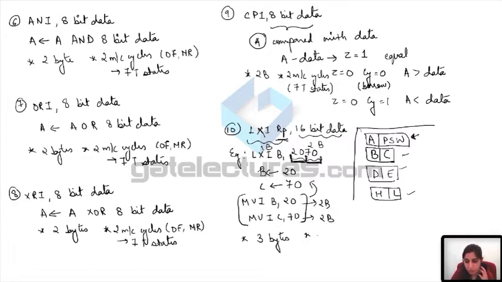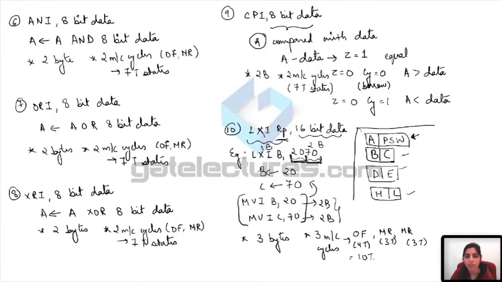Also, how many machine cycles is it going to take? This is going to take 3 machine cycles. I think you can guess also. One machine cycle is going to be opcode fetch, of course. Then we are going to have 2 memory read cycles. To read 16-bit data, you're going to require 2 memory read cycles, which sums up to 3 machine cycles and 10 T states.